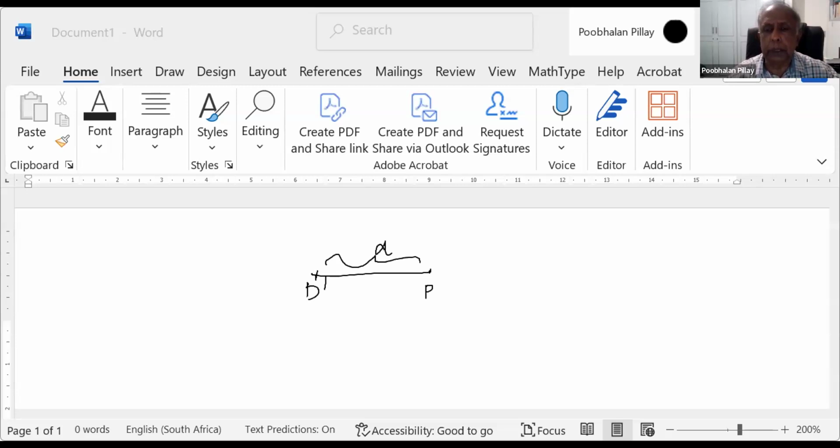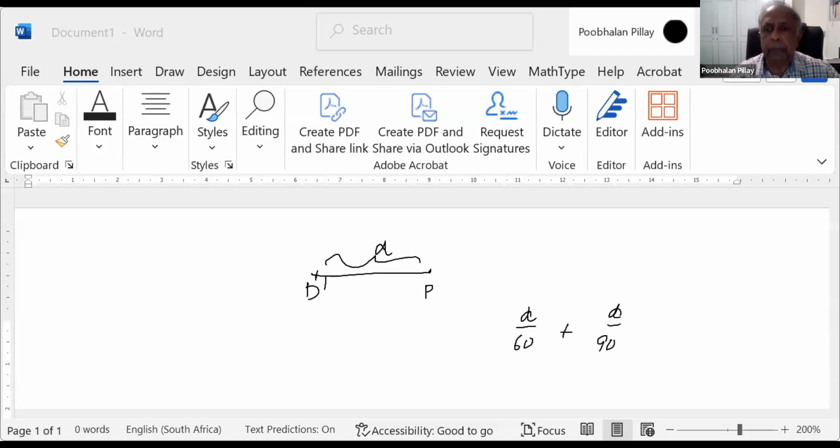So on the upward journey, it's traveling at 60 kilometers per hour, so it takes d over 60 hours. On the return journey, it travels at 90 kilometers per hour, so it takes d over 90 hours. We've done a similar thing before.